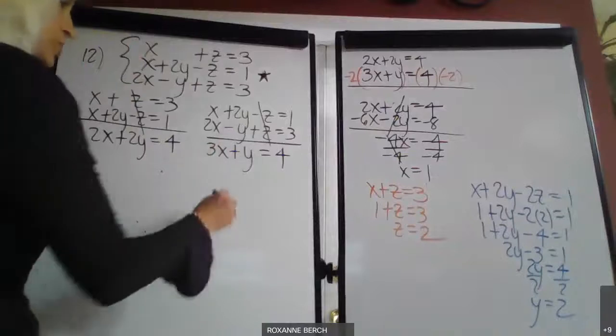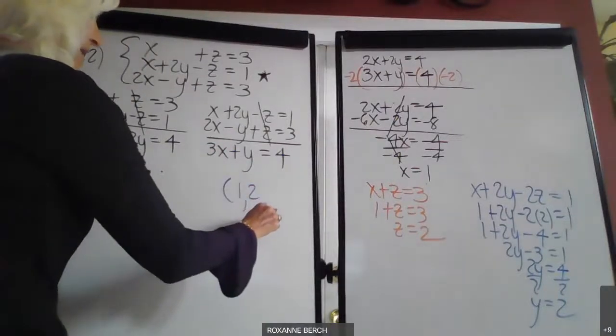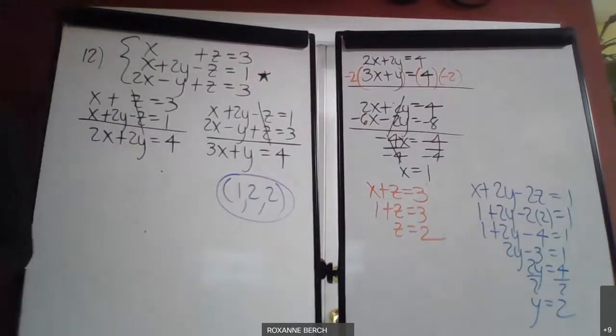So your ordered triple is x, y, z. It should be 1, 1, 2. So my book's saying 1, 1, 2. So there's a mistake somewhere.